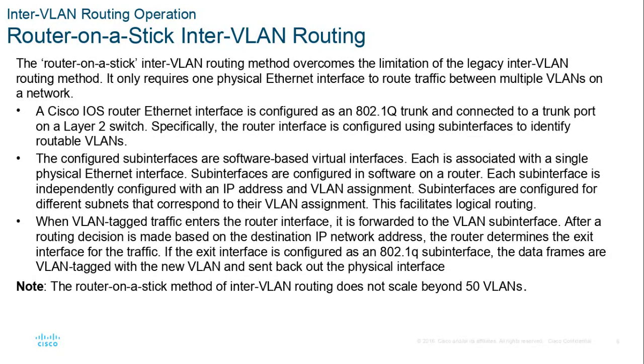We're going to create sub-interfaces and make one of them correspond to the VLAN 10 network, one of them correspond to the VLAN 99 network. So they're software based. And there's only one single physical Ethernet interface, only one real thing with wires. We're going to configure these sub-interfaces logically on the router using the IOS software. Each sub-interface is going to have its own particular IP address and its own VLAN assignment.